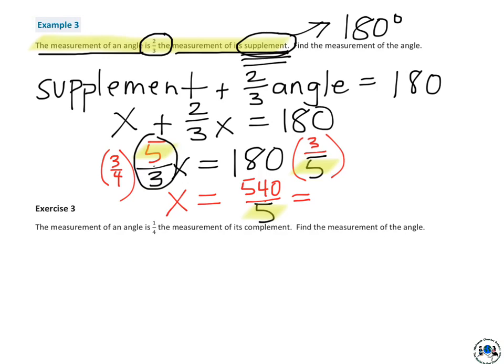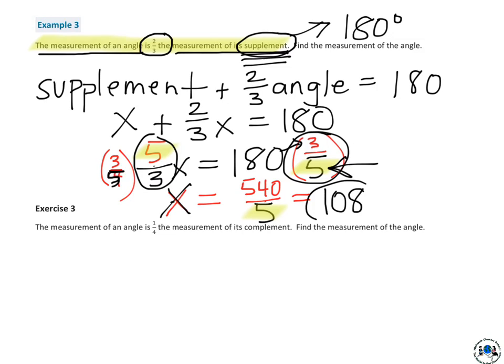So I've changed my denominator to 3/5 there. All right, so we have x equals 540 over 5, because I multiplied 180 times 3, and then 1 times 5, so 540 over 5, which equals 108.